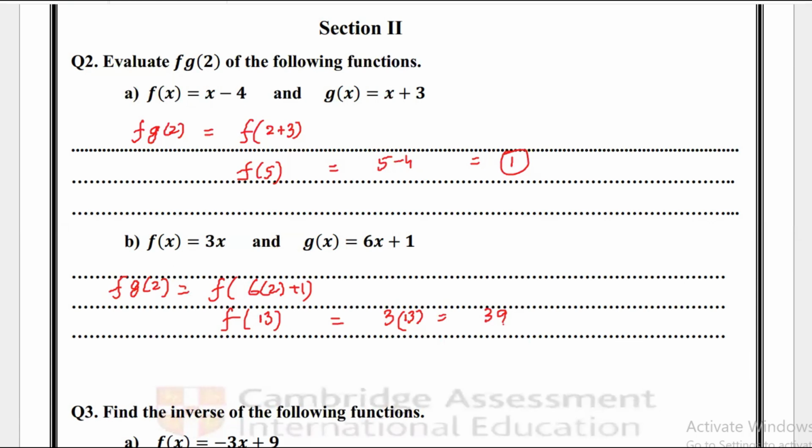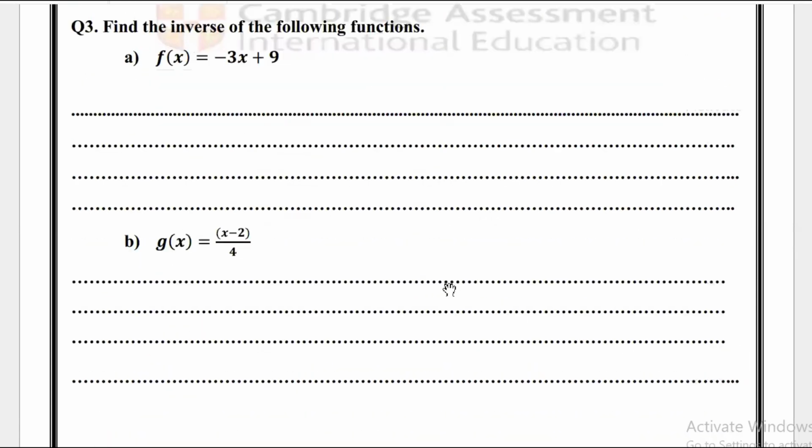Next one, question number 3. Here we are looking at the inverse function. The first is f of x equals minus 3x plus 9. I will follow the three main steps of the inverse function. First, we always write f of x is equal to y. Then the second step, we change the places of x and y: x equals minus 3y plus 9.